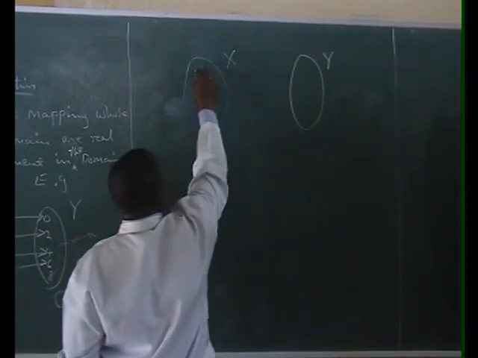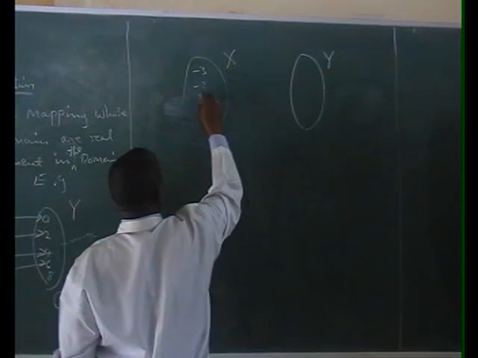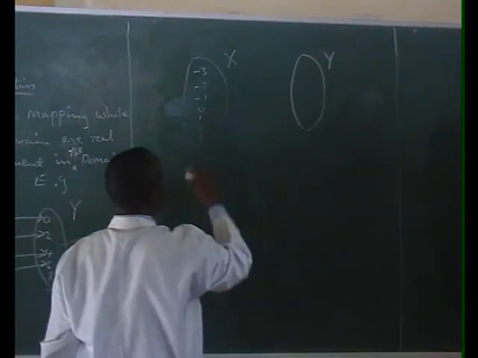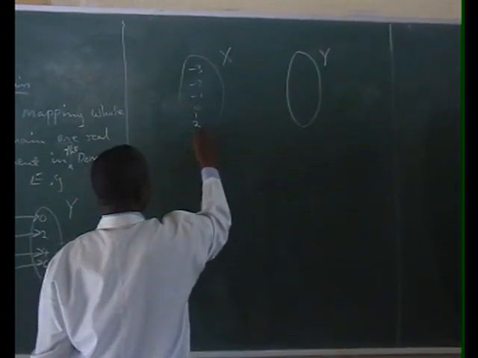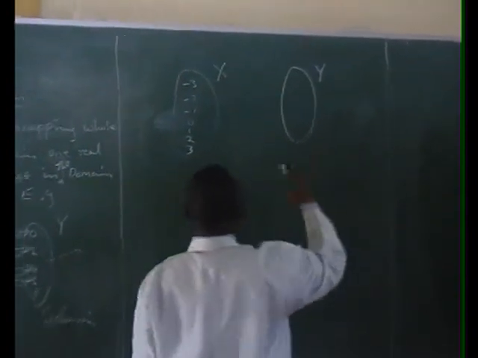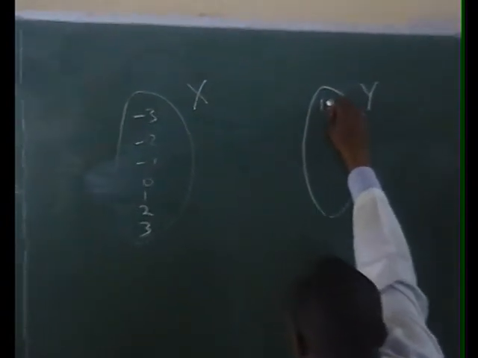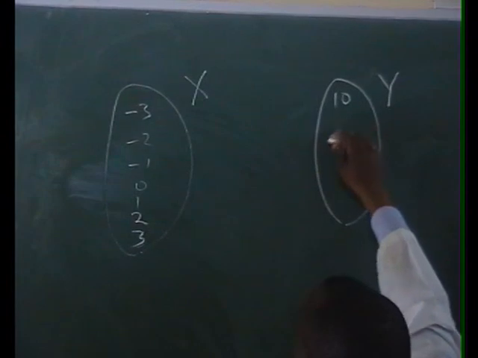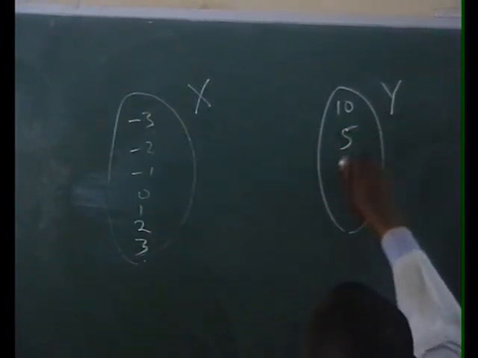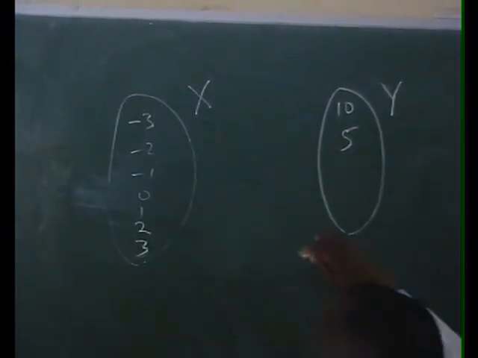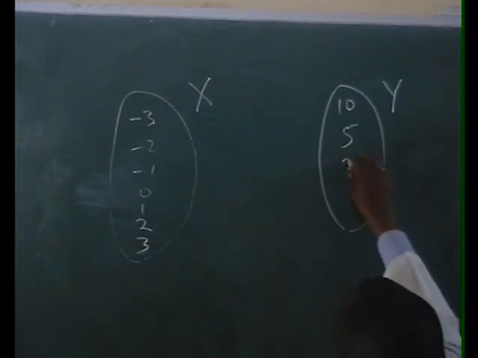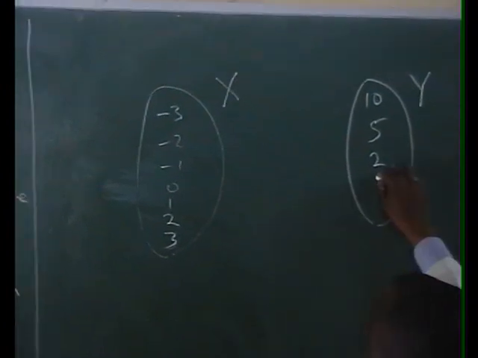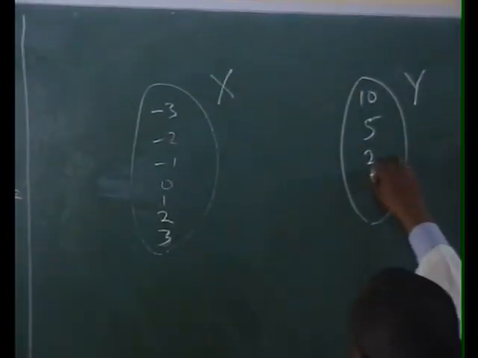In x, I have minus 3, minus 2, minus 1, 0, 1, 2, 3. And in y, I have 10, 5, 2, 1.